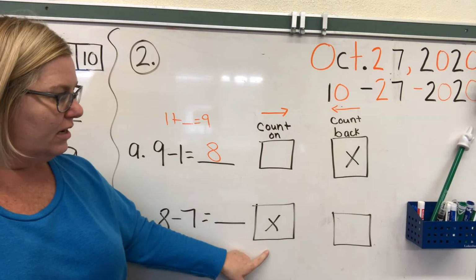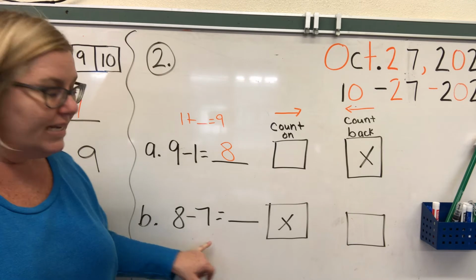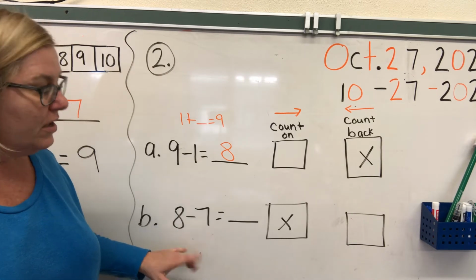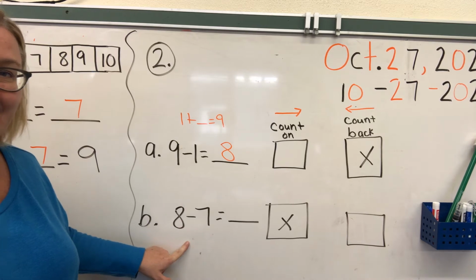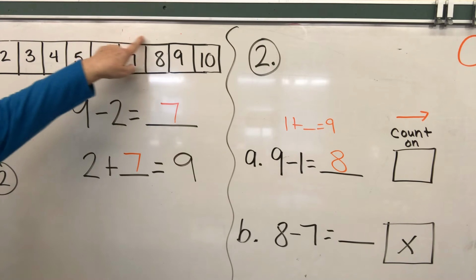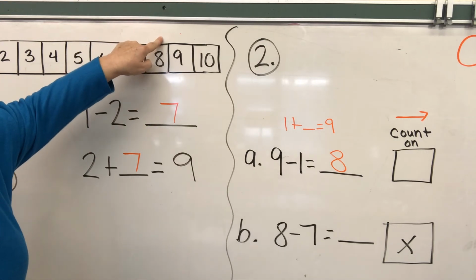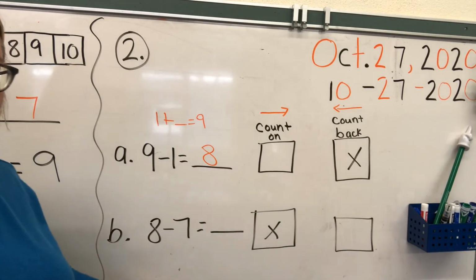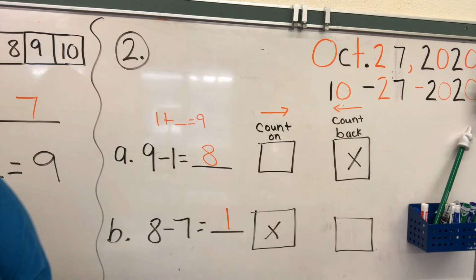And if I'm counting on, I have to start with the smaller number and then stop at the bigger number. So for this one, I would start at 7 and stop at 8. Let's try it. Ready? Start at 7, stop at 8. How many bunny hops? 1. So that means that 8 minus 7 equals 1.